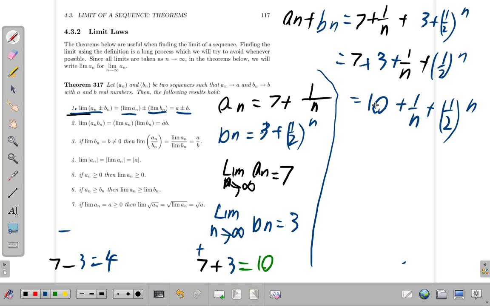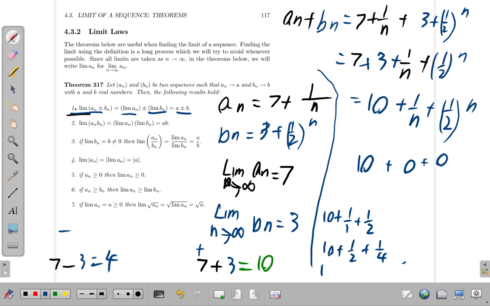What happens as n tends to infinity? The 10 remains. And then 1 over n would tend to 0, and half to the n would tend to 0. Because you see, the first term would be 10 plus 1 over 1 plus half to the power of 1, which is half. The second term would be 10 plus 1 over 2 plus half squared, which is a quarter.